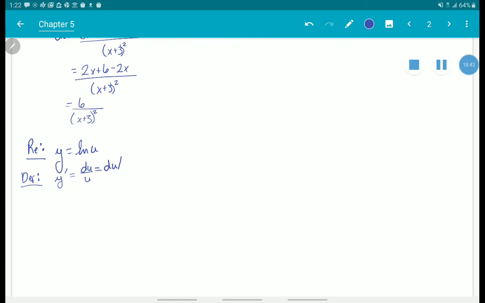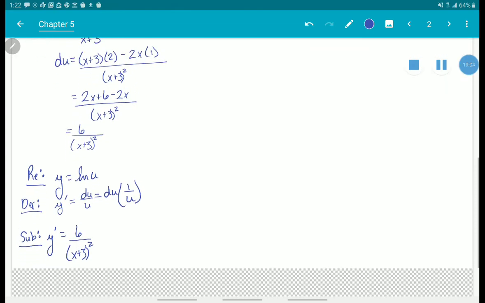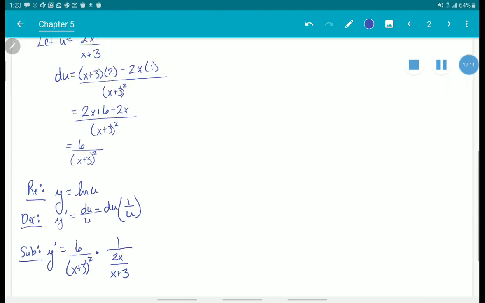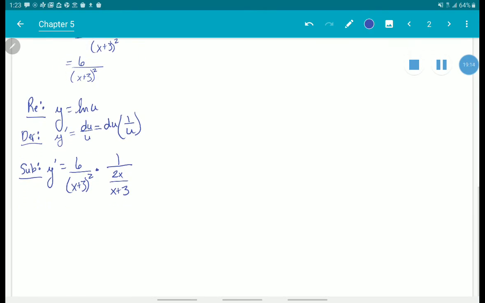So this is du times 1 over u. Let's try to avoid complex fractions if we can. So if we look at this, du was 6 over x plus 3 squared. And we said u was 2x over x plus 3. So we still have a complex fraction, but I don't think it's as bad as it could have been.